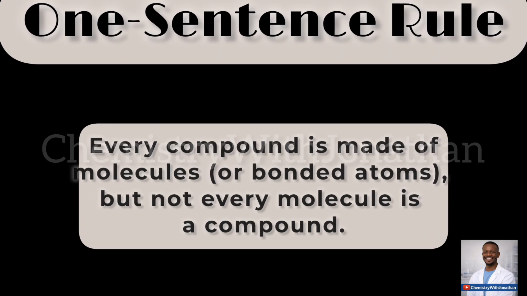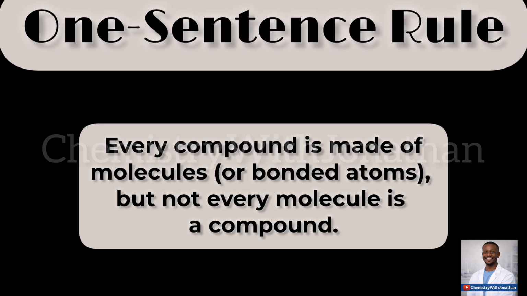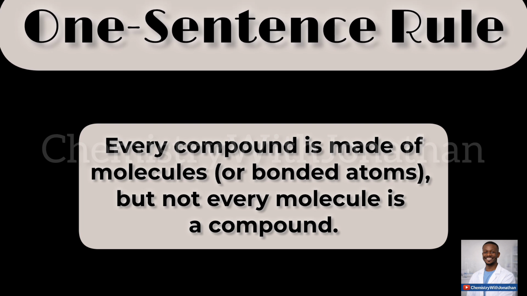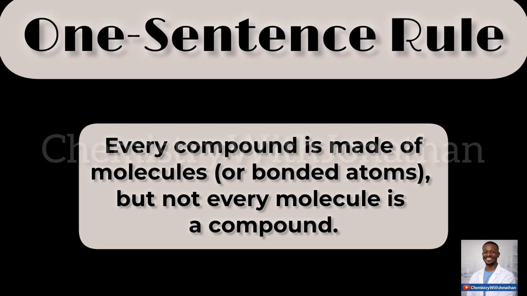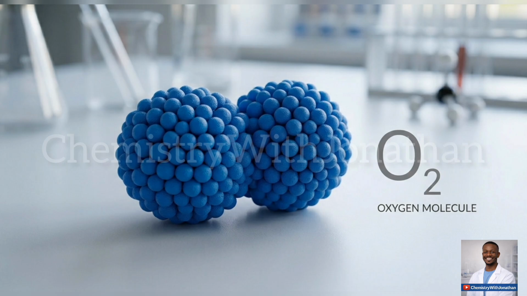Here is one sentence rule. Every compound is made of molecules or bonded atoms, but not every molecule is a compound. For example, O2 is a molecule but not a compound.